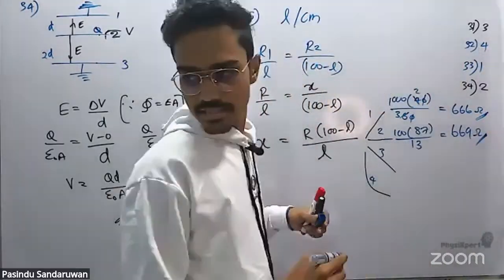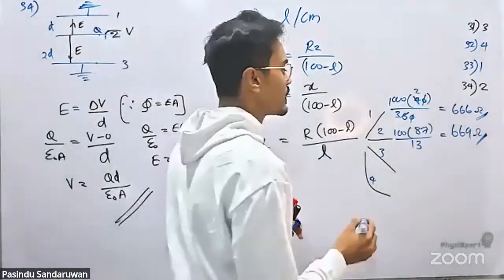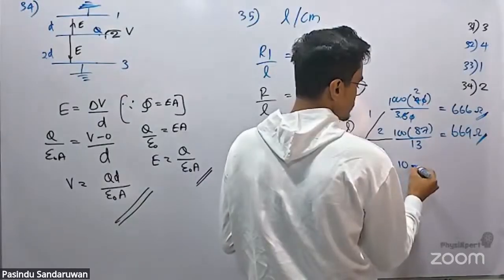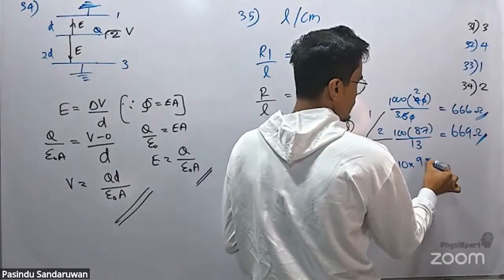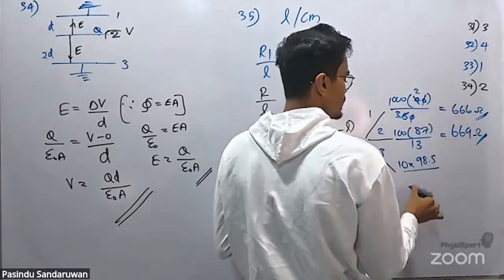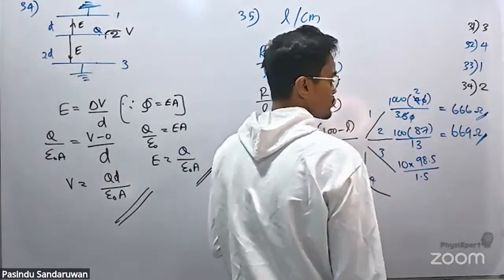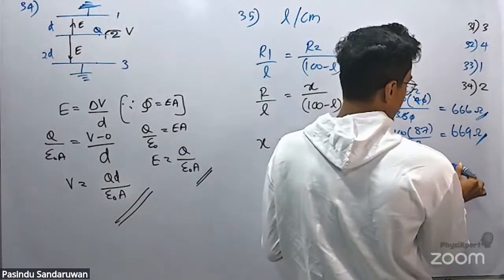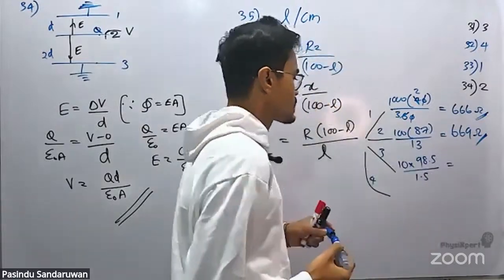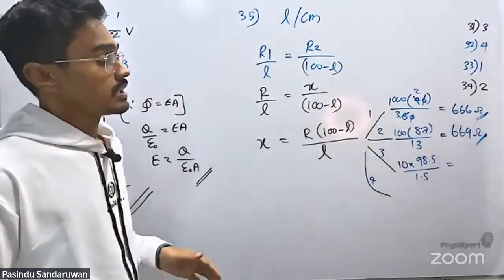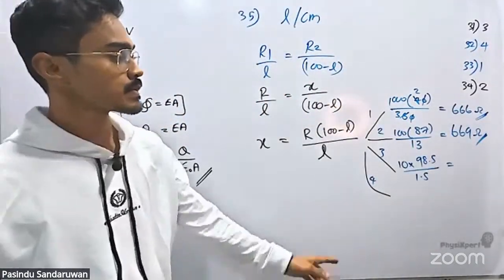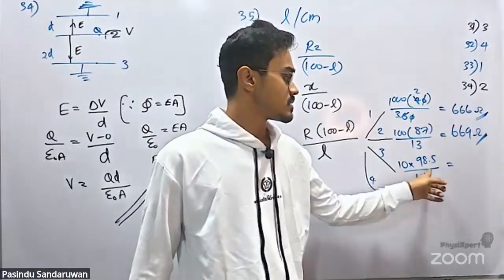Then third instance, 10 and 1.5. Then this comes to 10 times 100 minus L, which is 98.5, over 1.5. Nothing cancels.